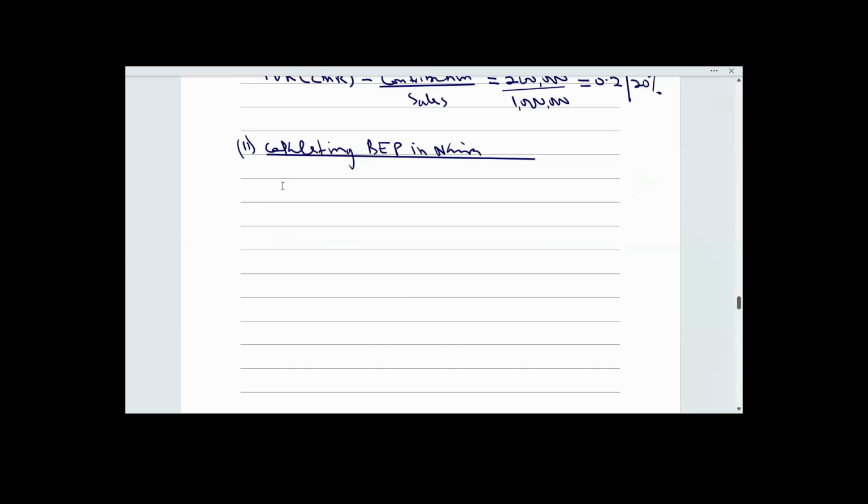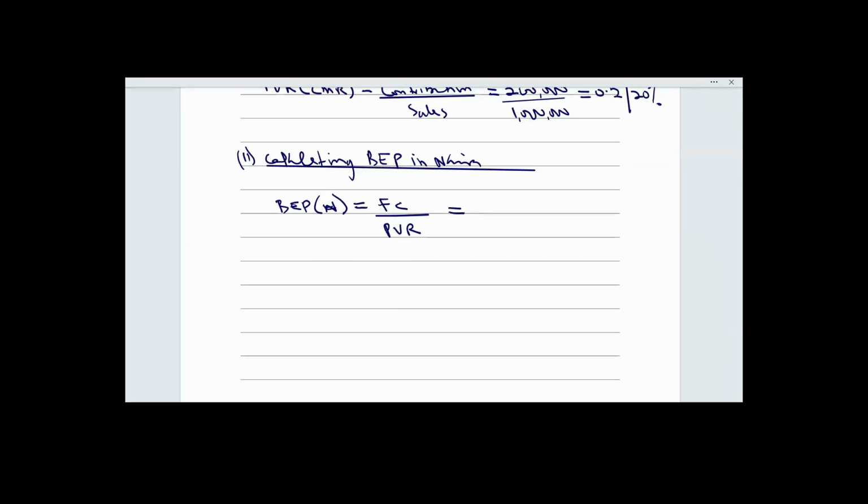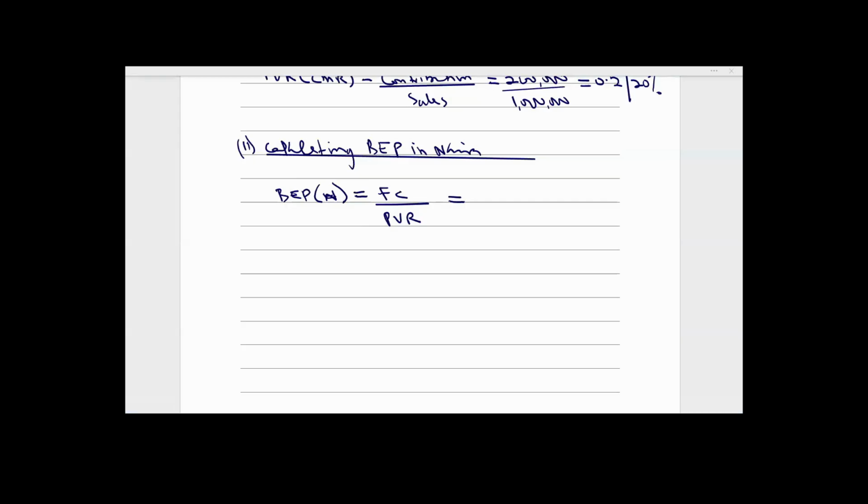Therefore, you are going to calculate break-even points in naira, which is computed as fixed cost divided by PVR, profit volume ratio. I will then go back to the question, how much is fixed cost? According to the question, fixed cost is 100,000 naira.